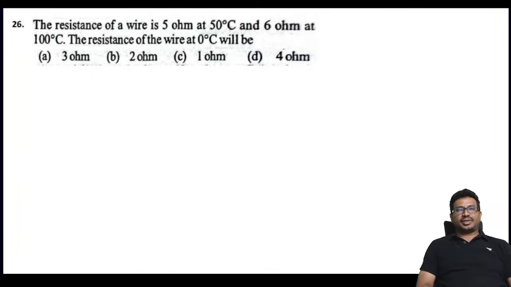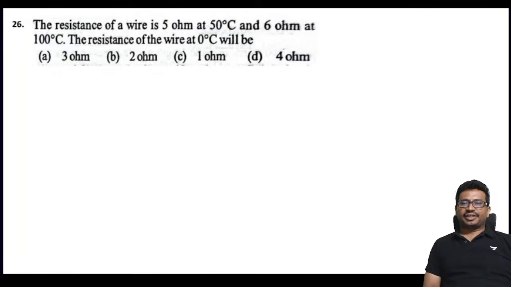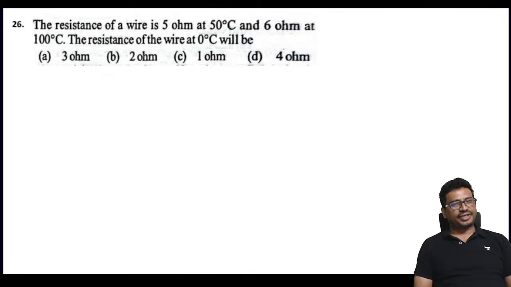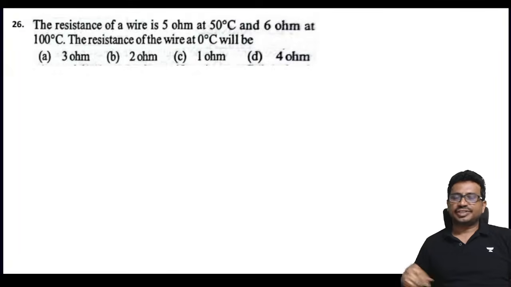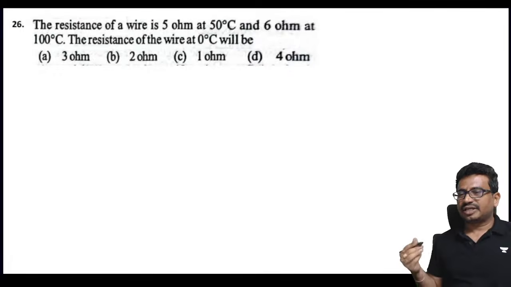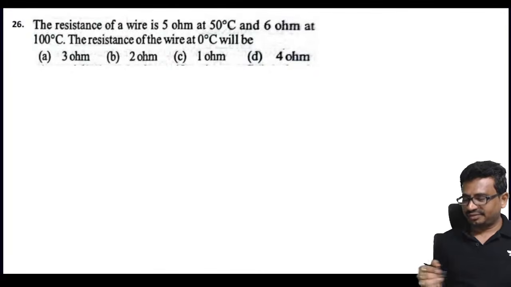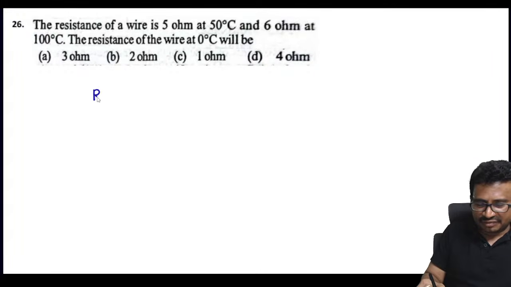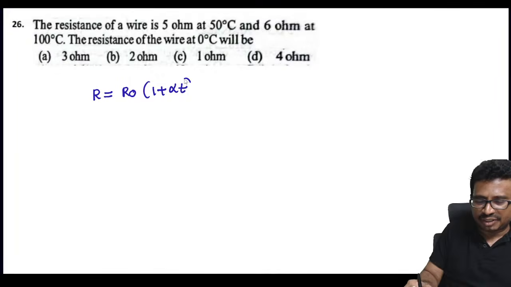Next. The resistance of a wire is 5 ohms at 50 and 6 at 100. The resistance at 0 degrees is? That means they are asking to find the R0 value. The variation of resistance is given as R equals R0 into 1 plus alpha t.